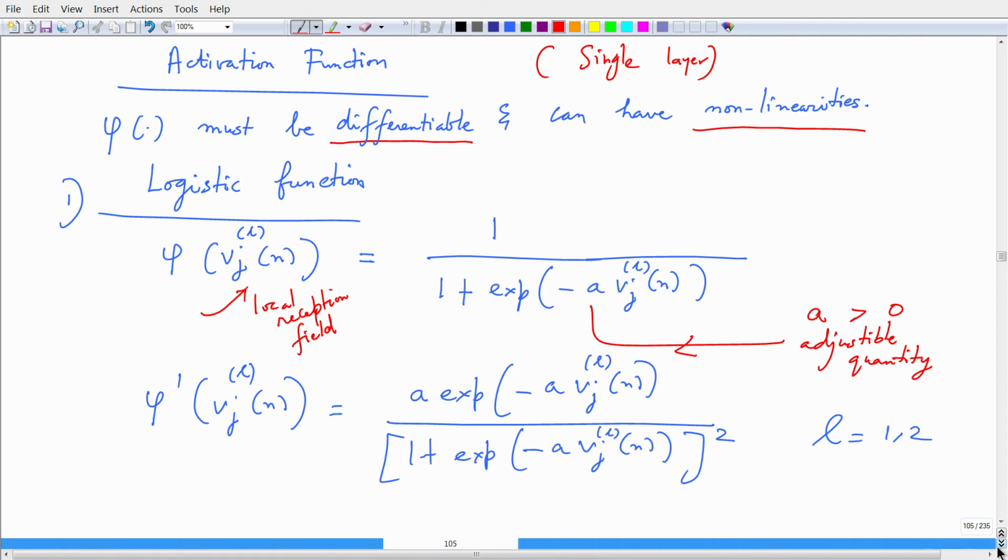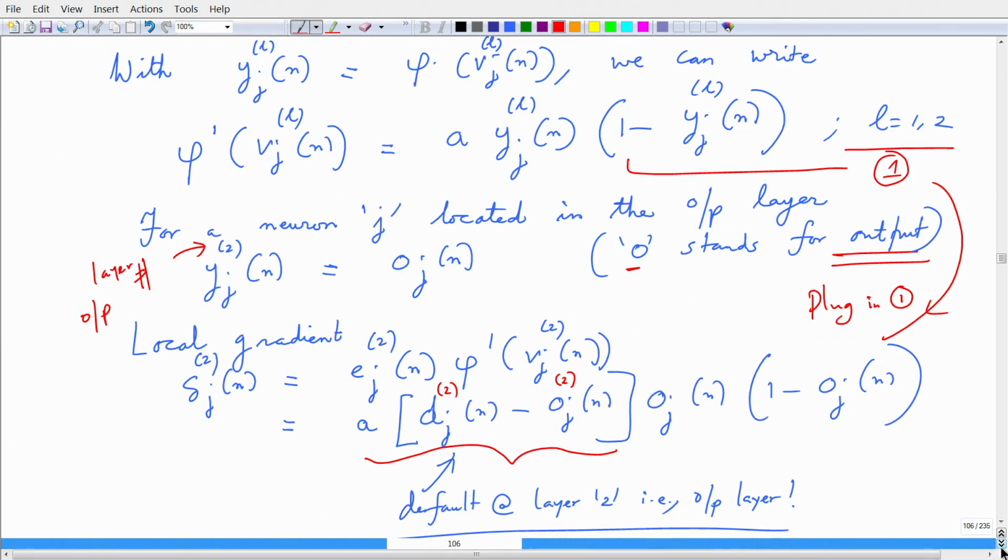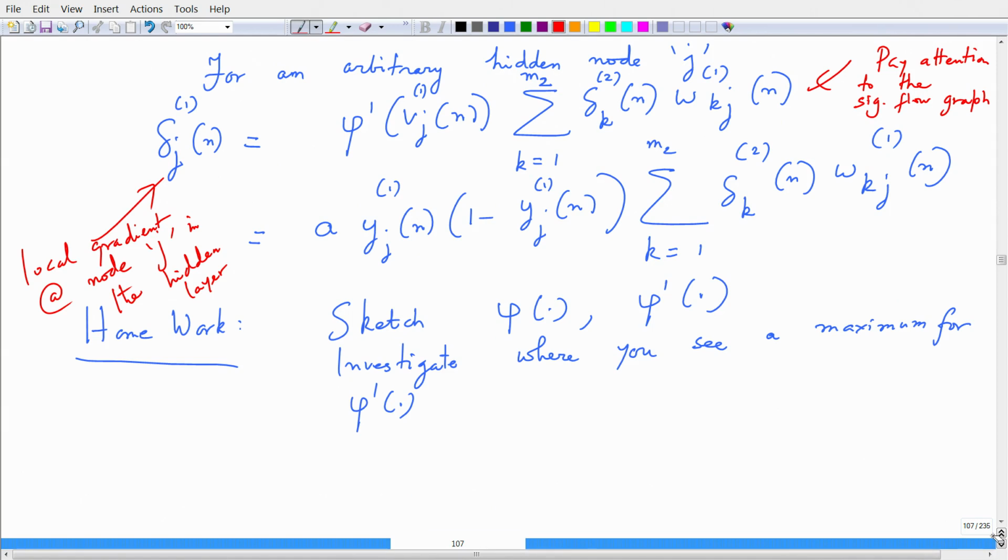Pick some constant a which is greater than 0 and then plot this function. Take the derivative of this function, plot it, and investigate if you can see a maximum for the derivative. I just want you to try this exercise as a part of your homework.